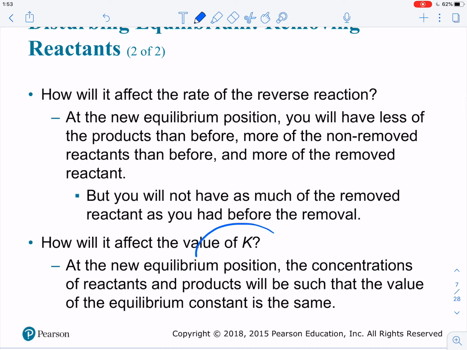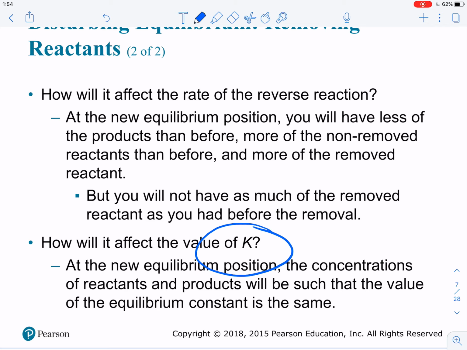Once again, the value of K does not change. And if we are looking at this from the point of view of a reactant, from the point of view of a product, it's exactly the same principle. If you add more product, you increase the rate of the reverse reaction, and you shift the equilibrium towards the left, favoring the reactants.